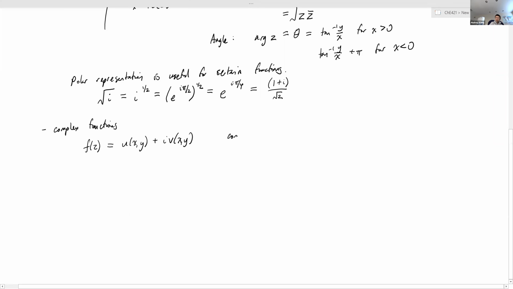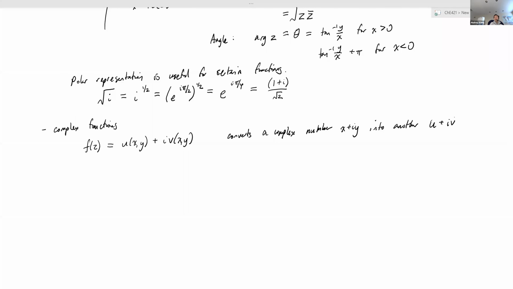This basically converts a complex number x plus iy, which a lot of times we like to call z, into another complex number, and that complex number is u plus iv. Hopefully not rocket science here, right? All we're doing is using a function to take a complex number and convert it into another complex number.